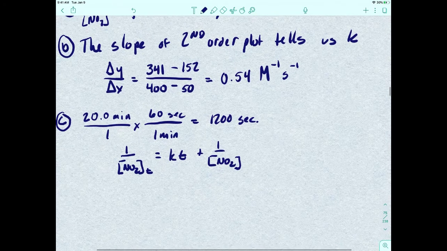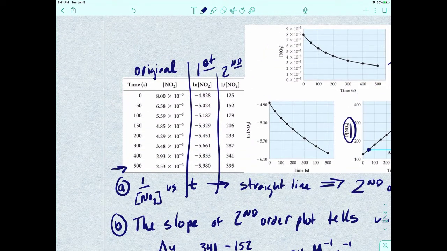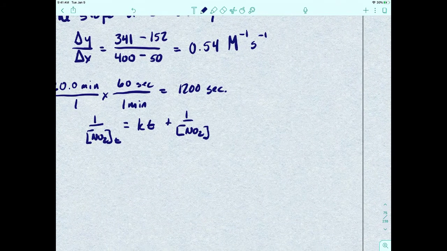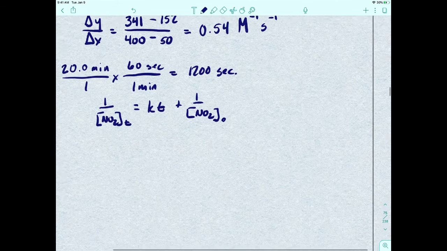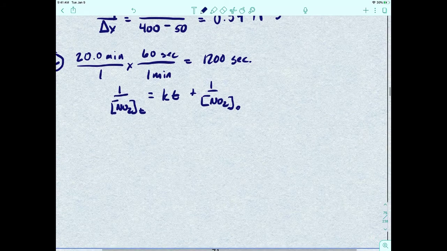According to the data that we have up here, the initial concentration, let me write that out, NO2 naught is going to be 8.00 times 10 to the minus third molar. So what we're going to do is basically pop in our values and solve for NO2 at 1,200 seconds. All right, so let's do that.